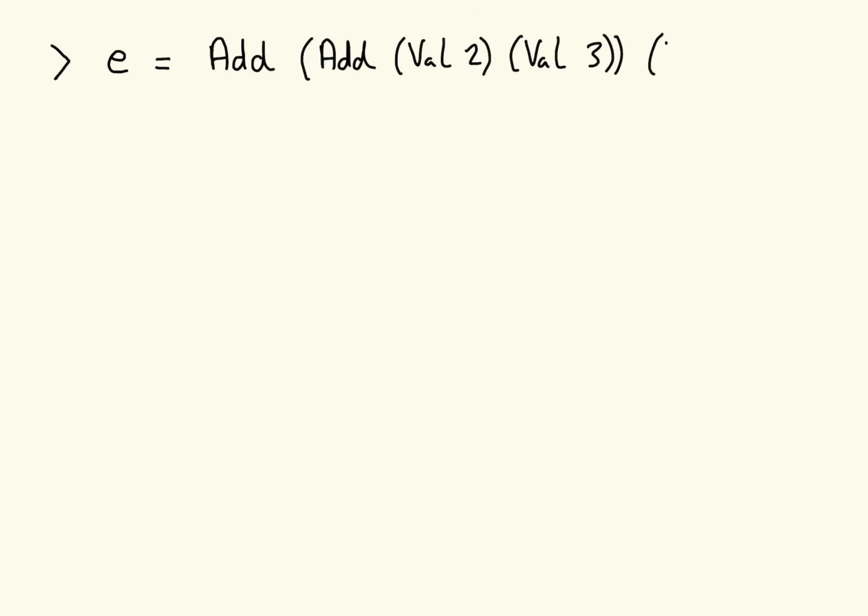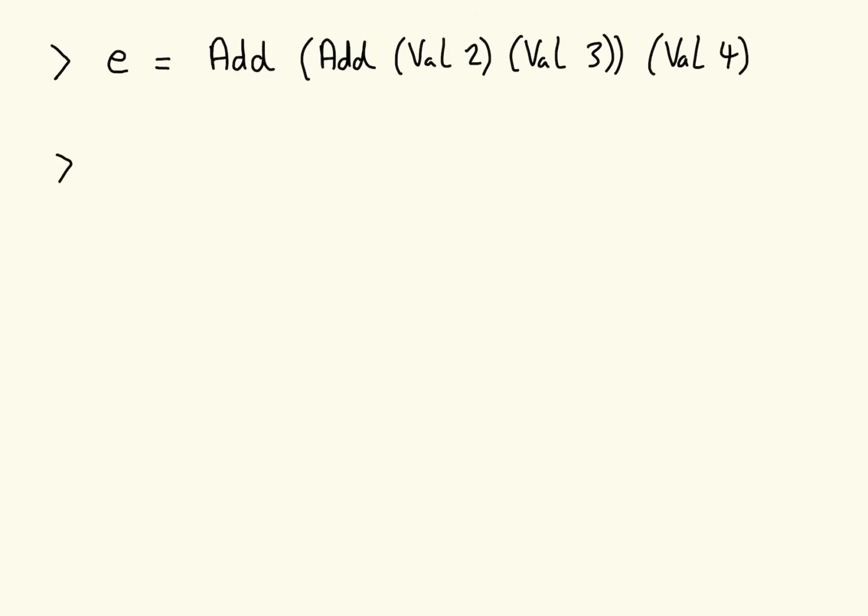And then the second parameter of the addition is simply going to be another value, the value 4. So it's a bit verbose what I've had to write in here because I'm using the add and the val constructors, but this is essentially just 2 plus 3 plus 4 written in our internal notation for expressions.